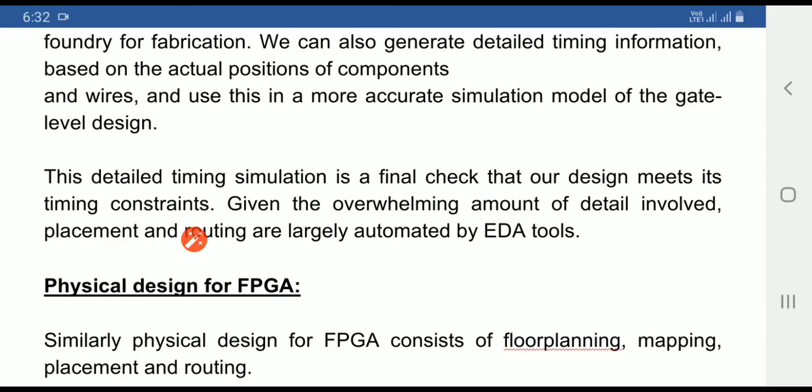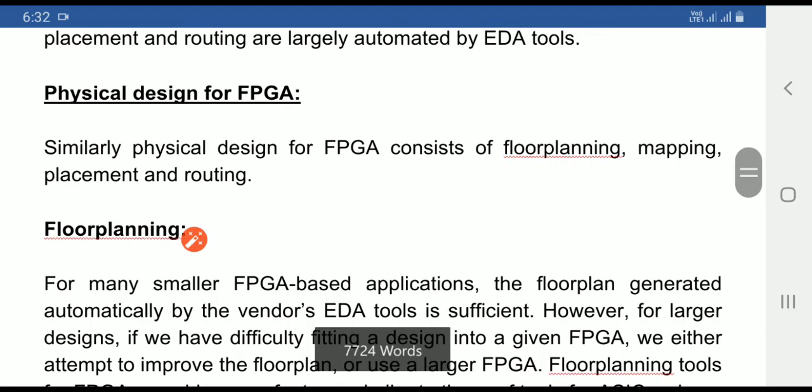The physical design for FPGA is similar to the physical design of ASIC. The only change is that it contains mapping. An FPGA is provided with a large number of lookup tables, which are used to store known values.